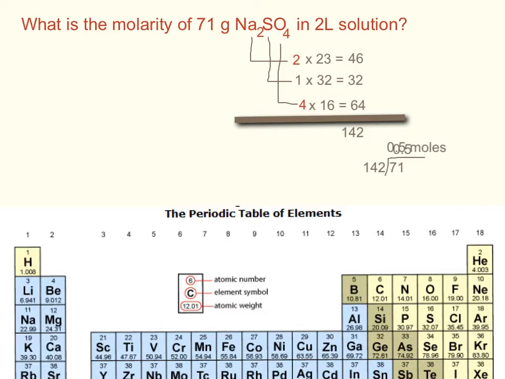This tells us that we have 1/2 or 0.5 moles. So again, to calculate molarity, we take our moles and divide it by the number of liters, and in this case we would have a 0.25 molar solution.